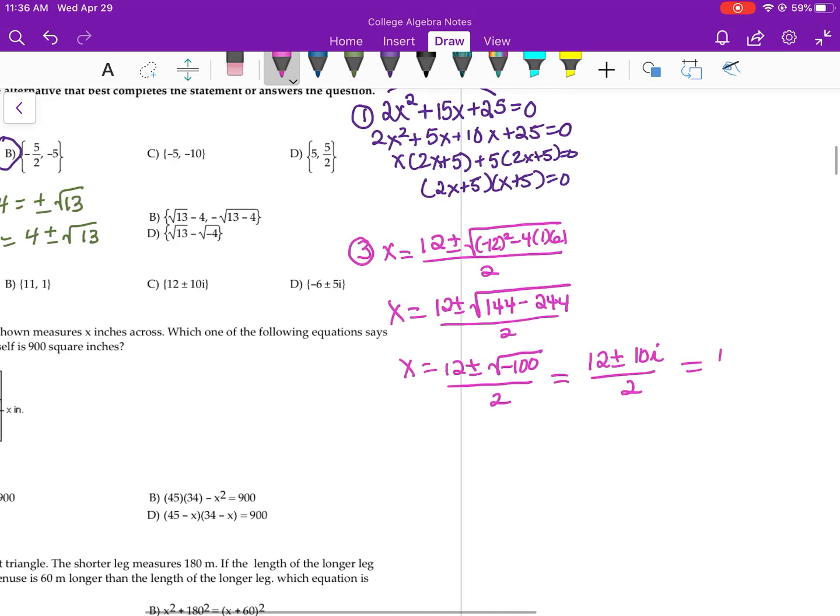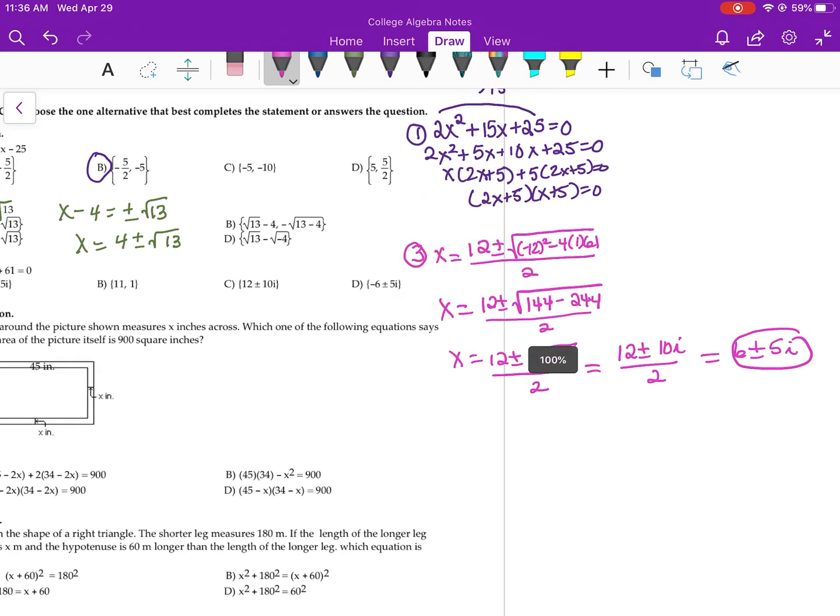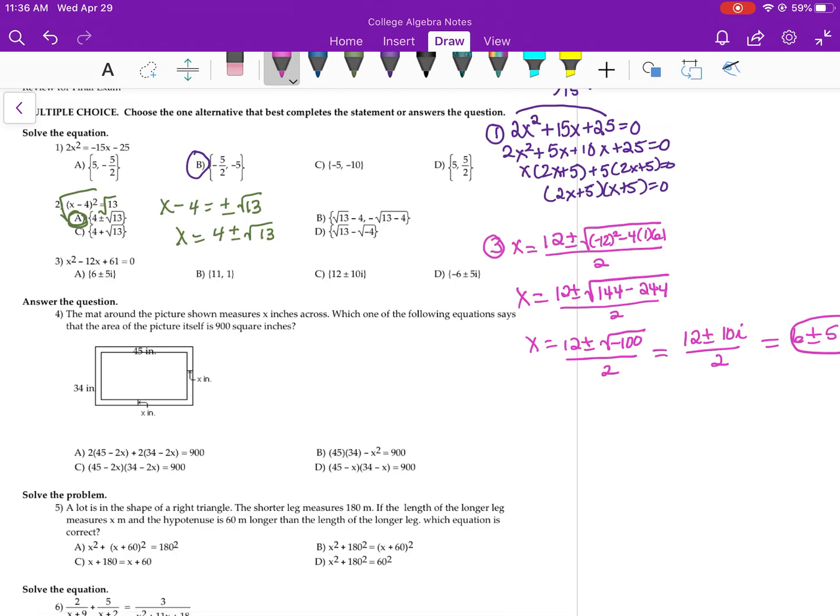Divide by 2. 6 plus or minus 5i. So the answer here is A.